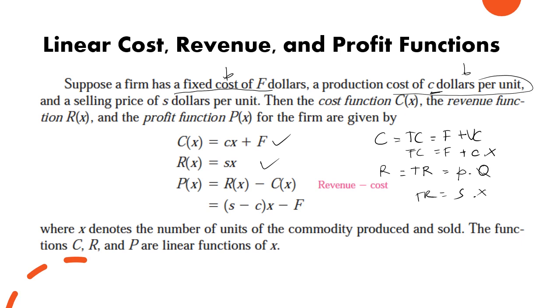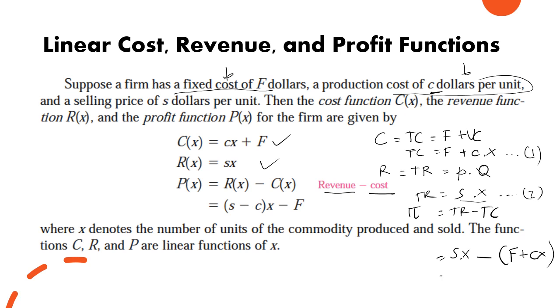And profit comes from revenue minus cost. So the profit, I use this symbol, is TR minus TC. Now TR we have here. I will number the equations: this is my first equation, this is my second equation. TR comes from the second equation as S times X, minus TC, which is minus the bracket F plus Cx.